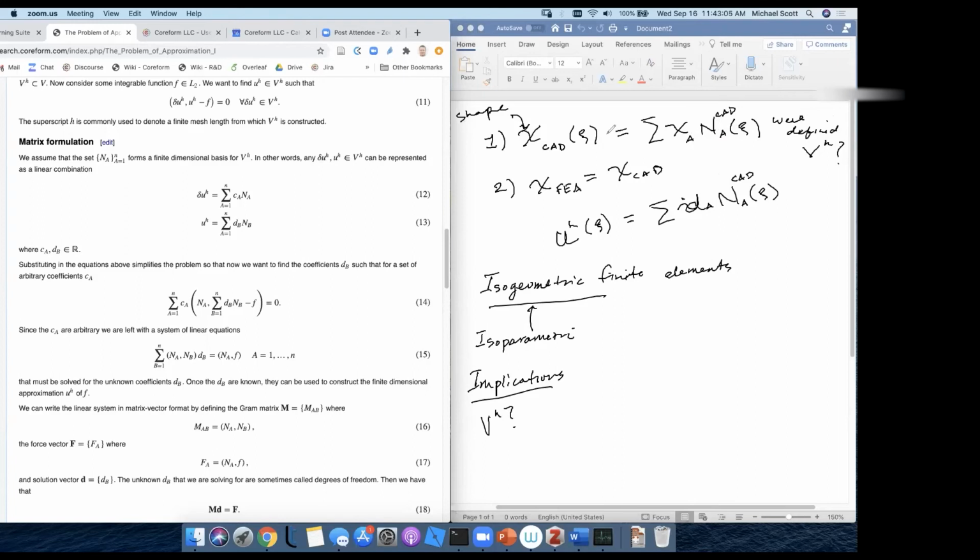Okay. So there's a couple of options here. Maybe we do this. So we take the CAD mapping, which is fine. That's a mapping we can still use. We neglect the basis because maybe it doesn't span a space we're interested in. We adopt the exact geometry, but now we still build our own basis that gives us a good approximation space.